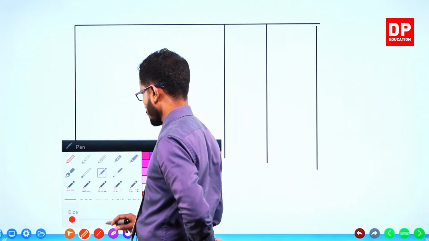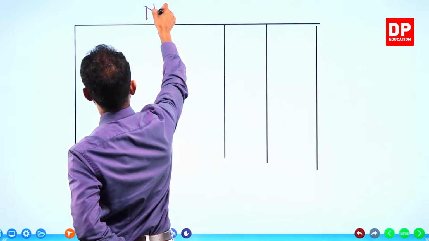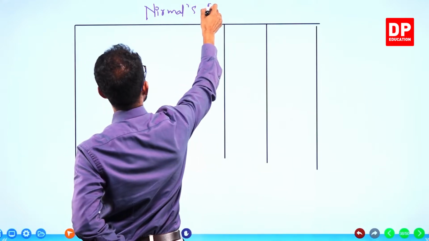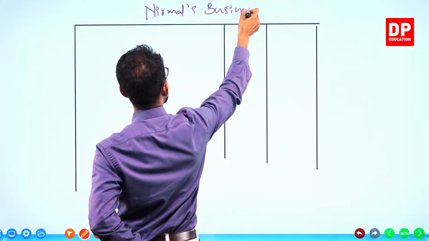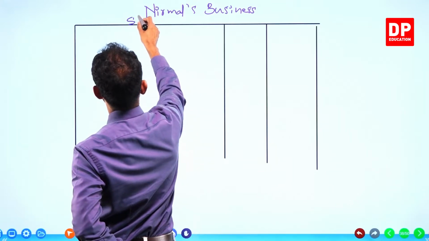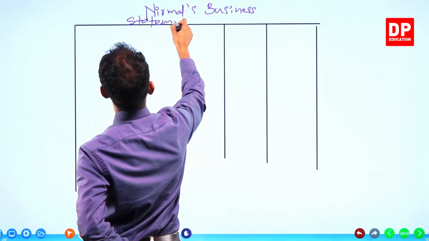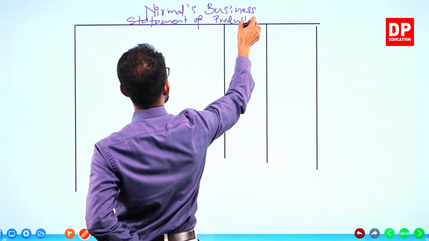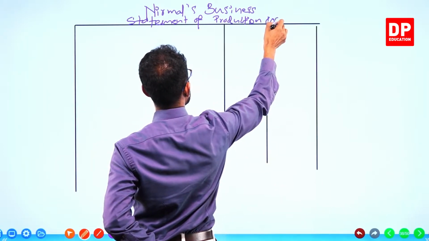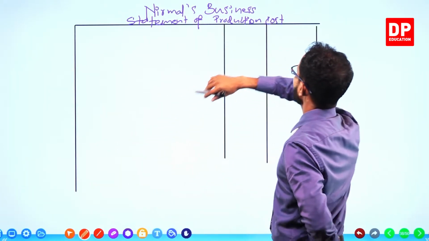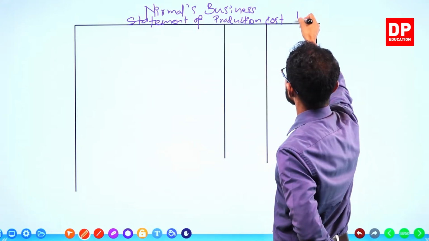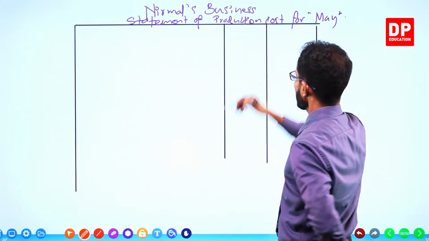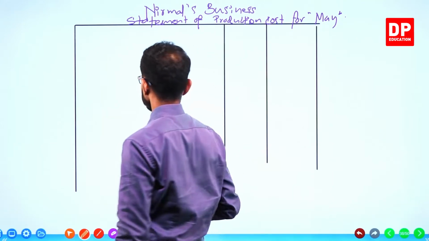Nirmal. Statement of production cost for the month of May. You have to write for the month of May.